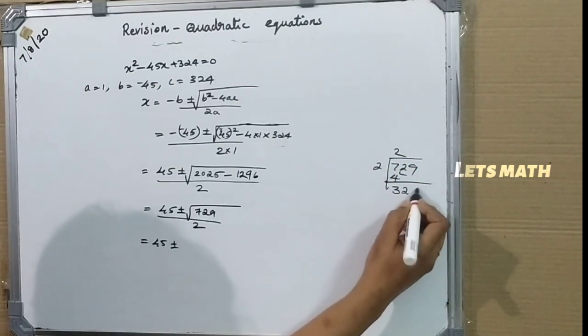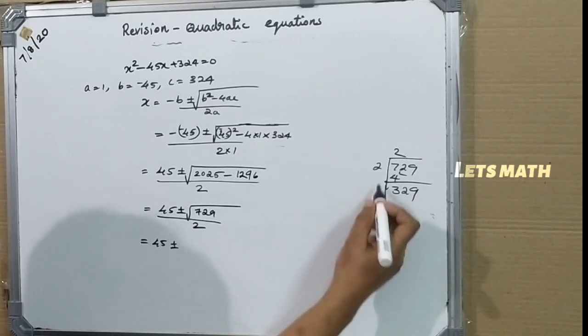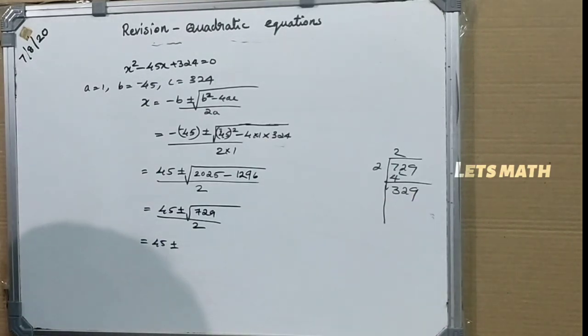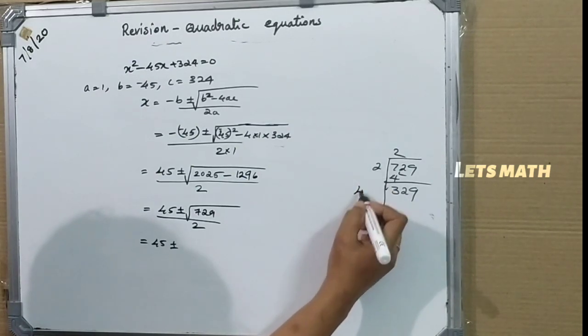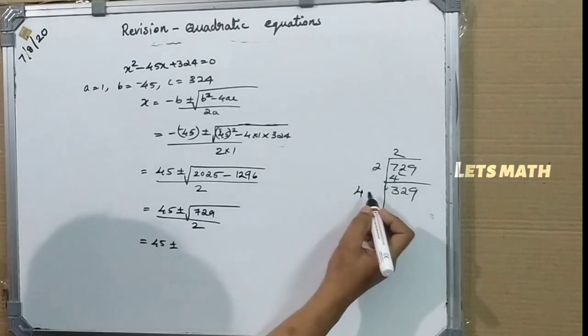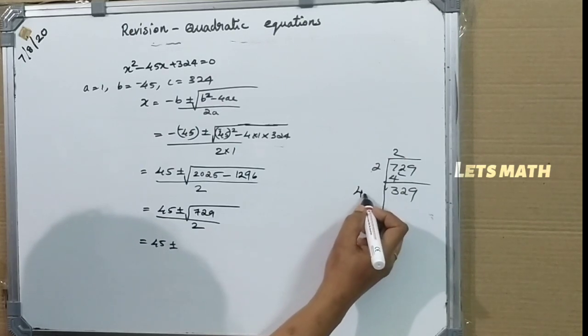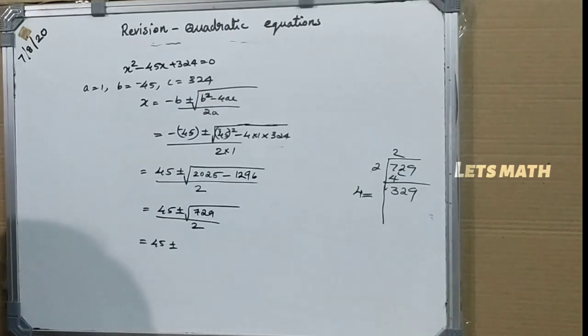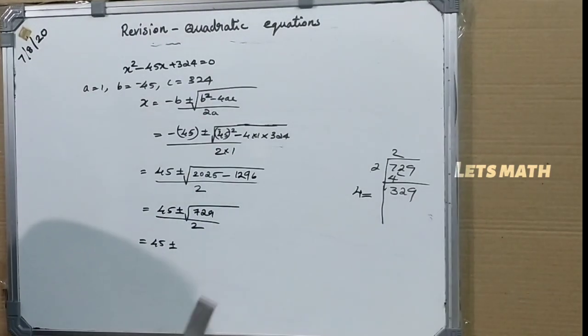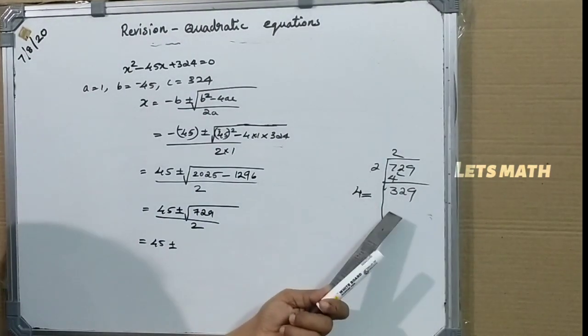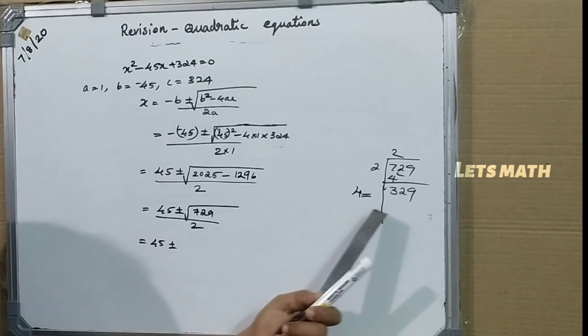2 2s are 4, 3 is the balance. Bring down the pair 29. Now write twice the number 2, that is 2 plus 2, 4 here. Then we have to write some number in the ones place. We know that 3 3s are 9 and 7 7s are 49.